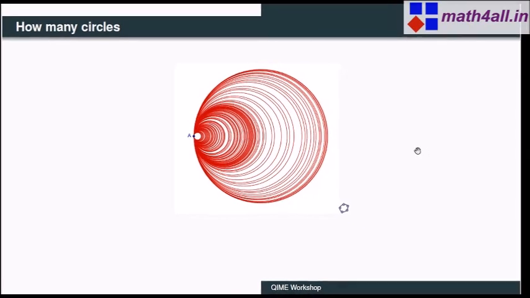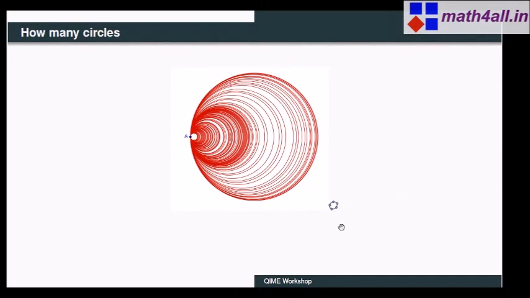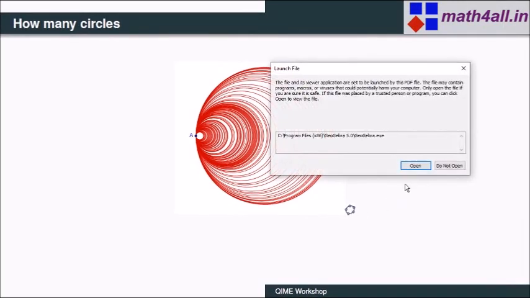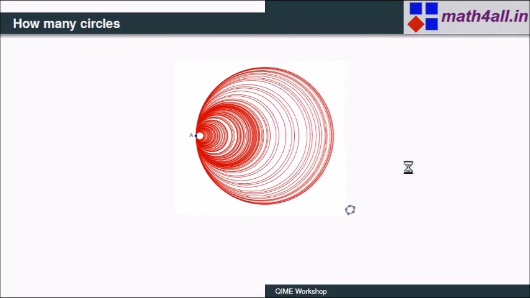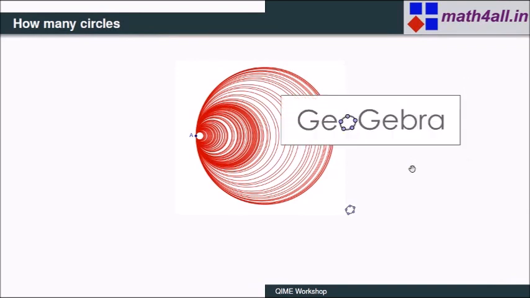Here is something that you can do in GeoGebra for the sake of fun. I think most of you have already done this kind of thing. This is a circle, this is the point A on the circle, and that is the radius. It has some center, and I can animate the center.